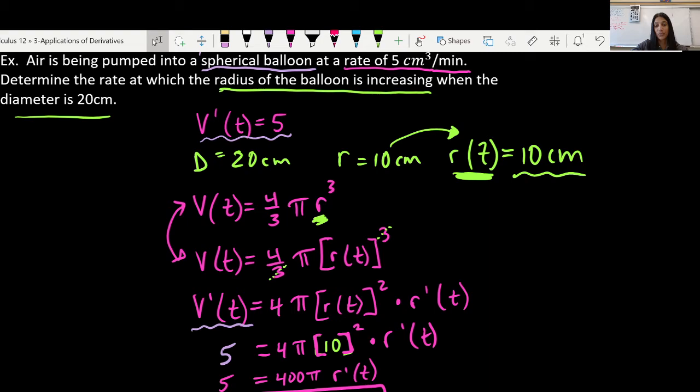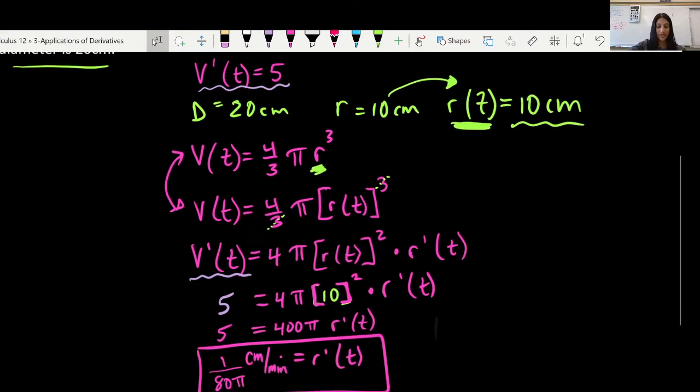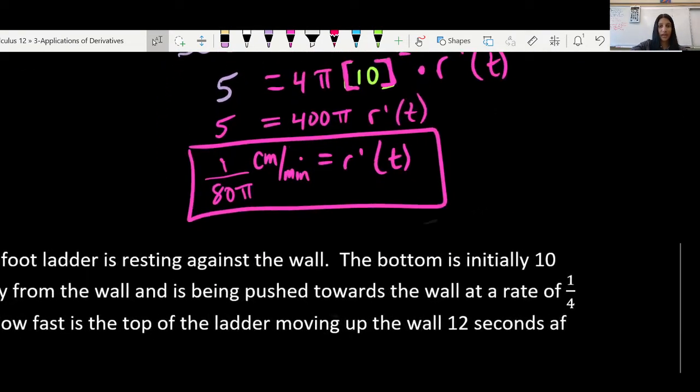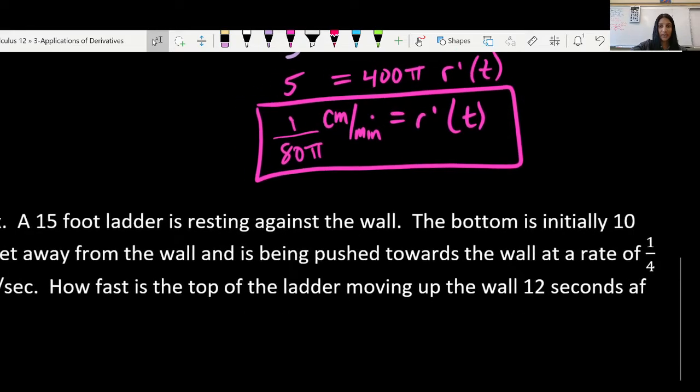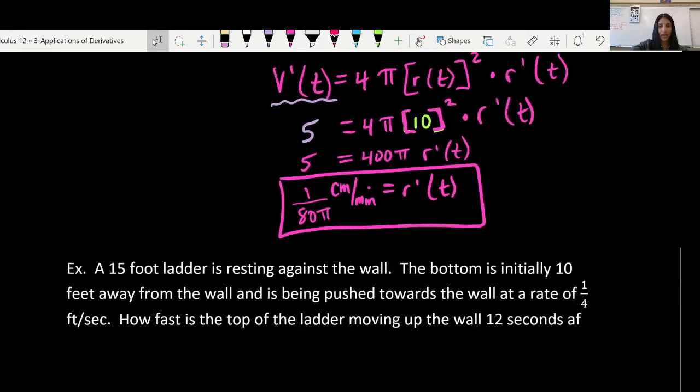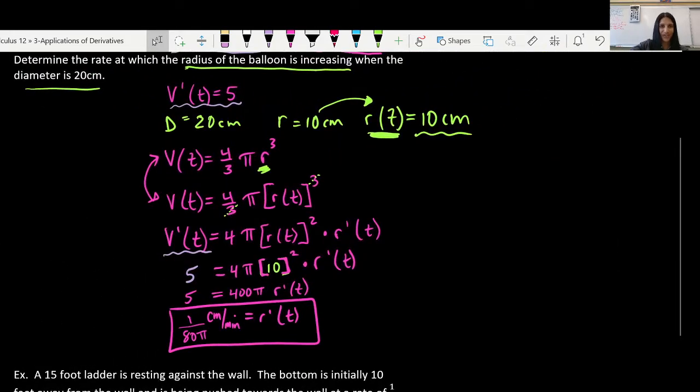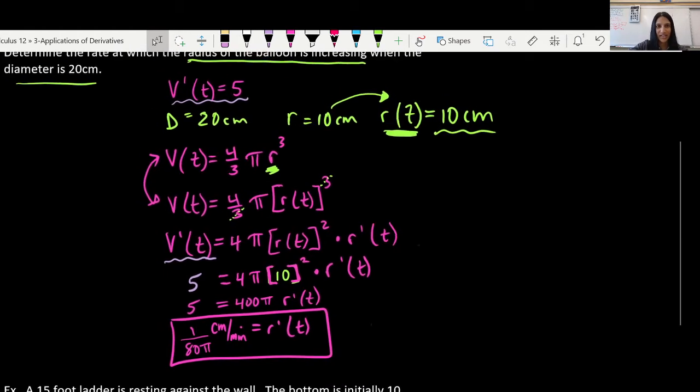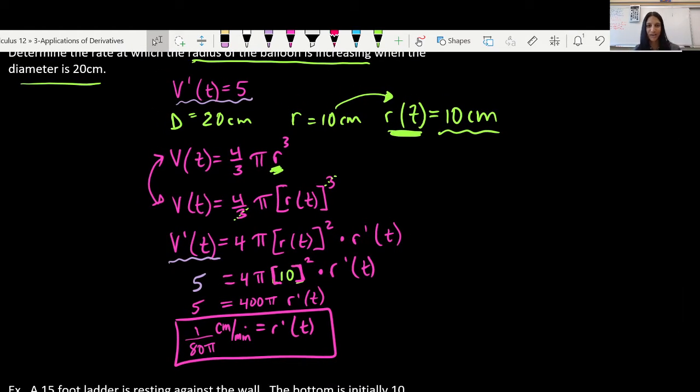when the diameter is 20 centimeters, because that's what we plugged in there. So after all of that, this is the rate that we end up getting. I'm trying to show you all of it, but I realize the screen sometimes cuts off the bottom, so I hope you're able to see all of that and make sense of it.